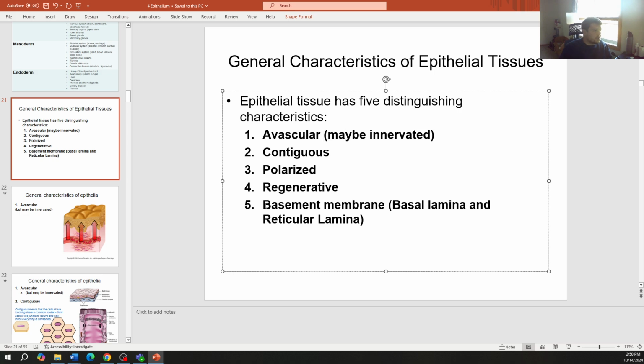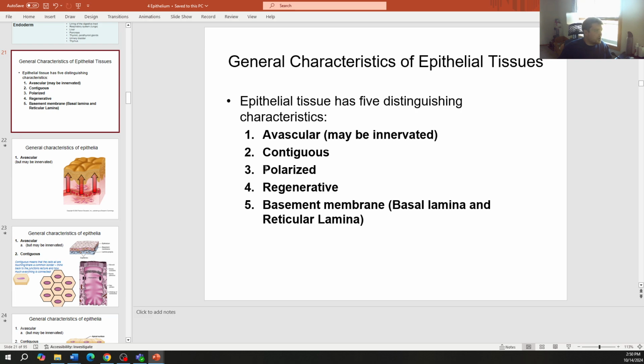In a lot of cases, they may or may not be innervated. That's fine. They are contiguous, which we'll look at what that means in a minute. They are polarized. They are regenerative, and they have a basement membrane, which we will get into, basal lamina and reticular lamina, kind of what those are.